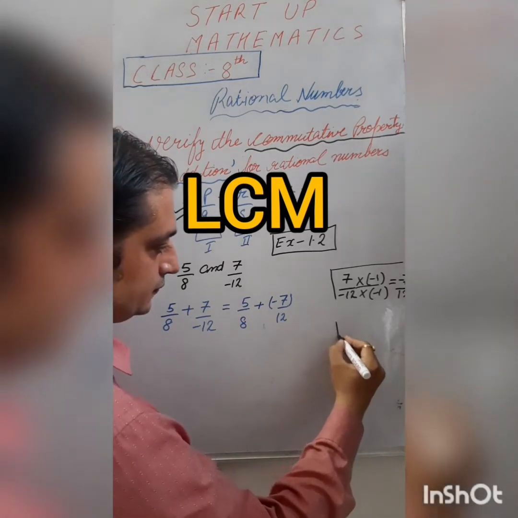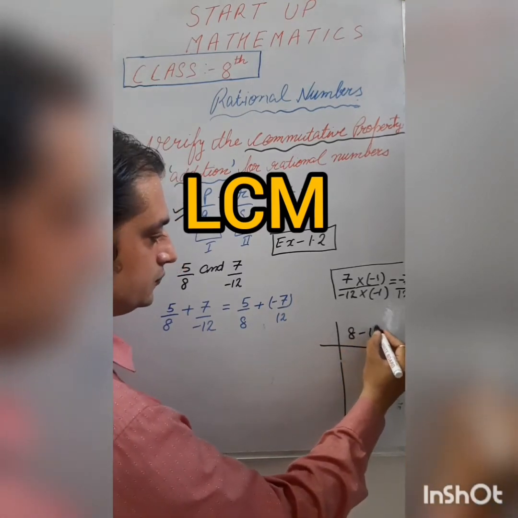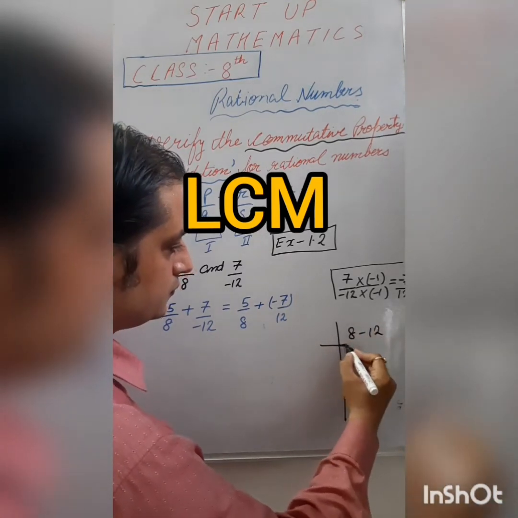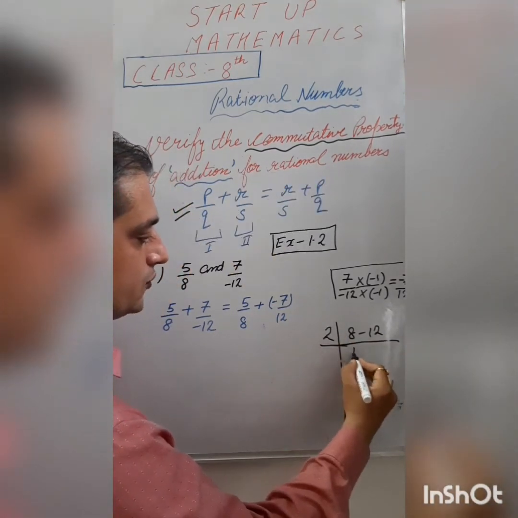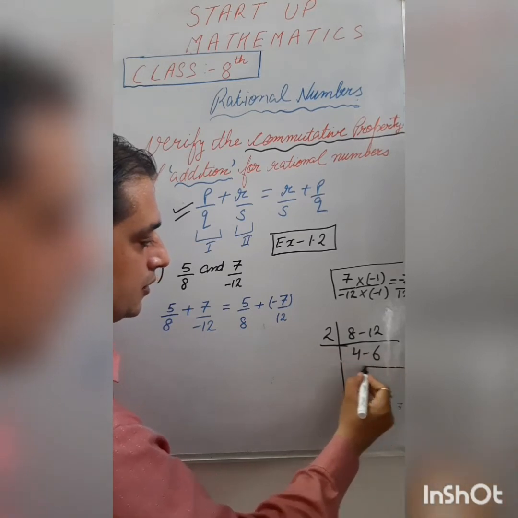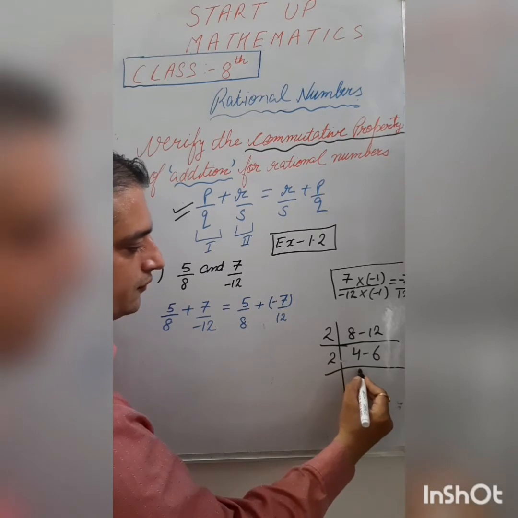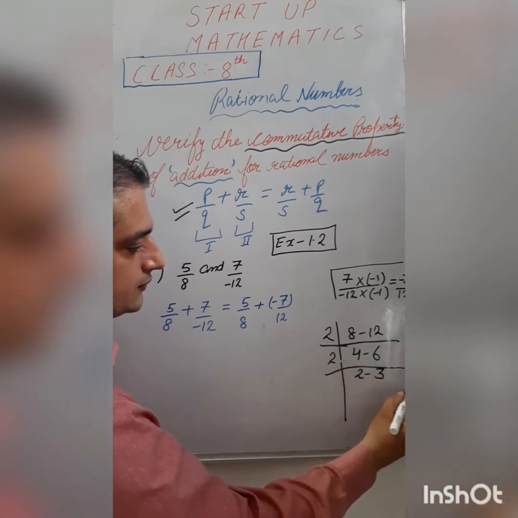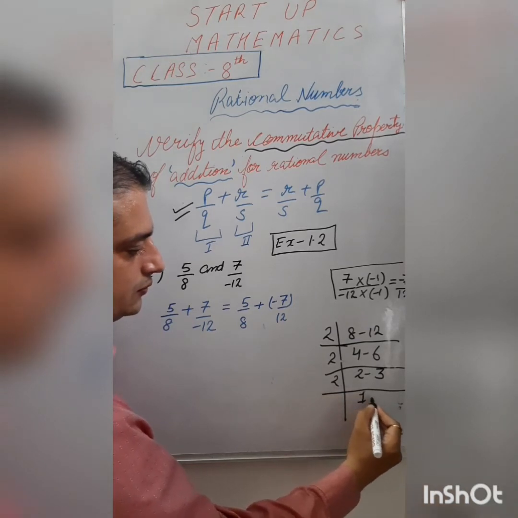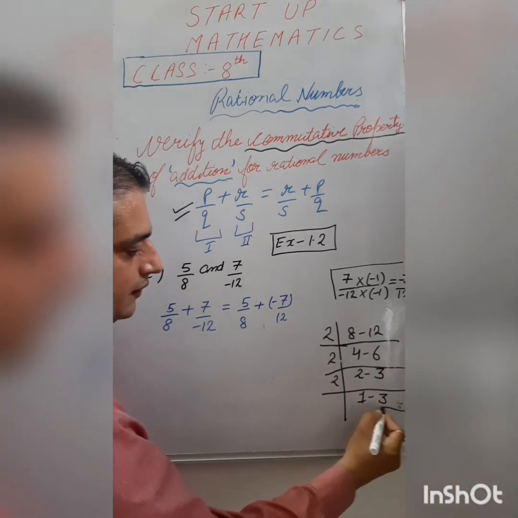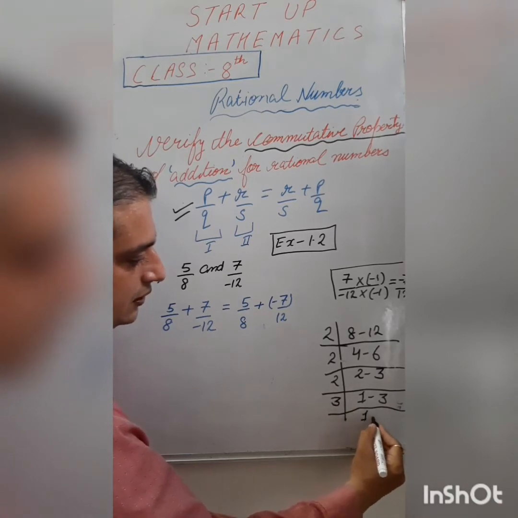LCM of 8 and 12: start with the common divisor 2. 2 4s are 8, 2 6s are 12. Again 4 and 6 are divisible by 2: 2 2s are 4, 2 3s are 6. Again 2 is divisible by 2, leaving 3. Finally take the prime number 3 and divide by 3.